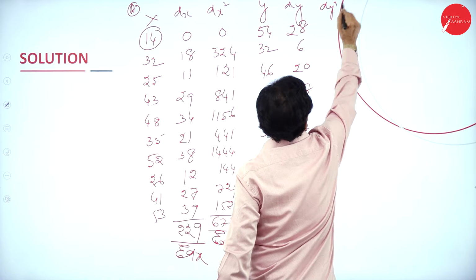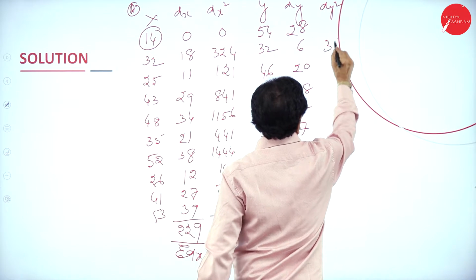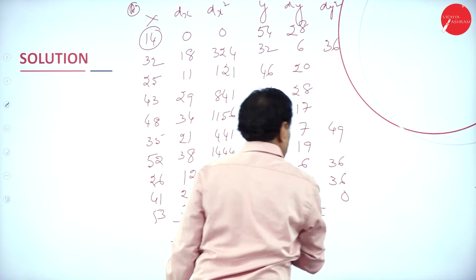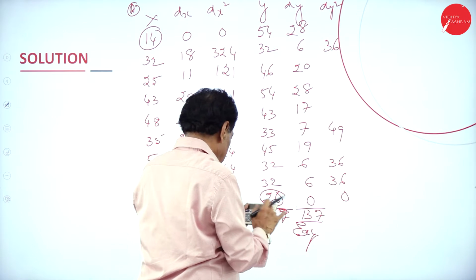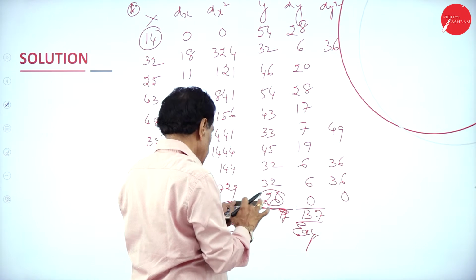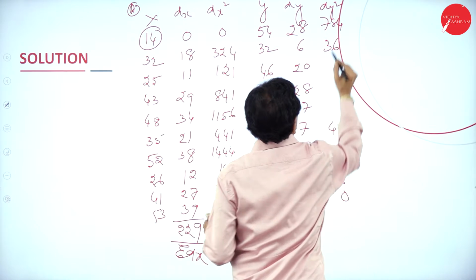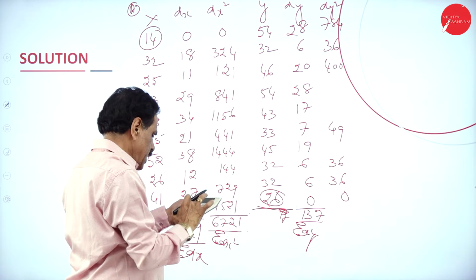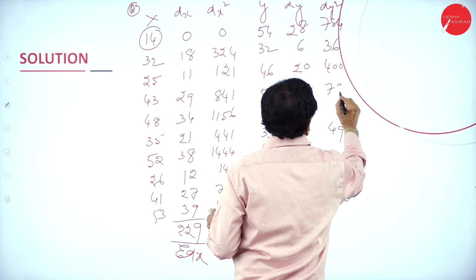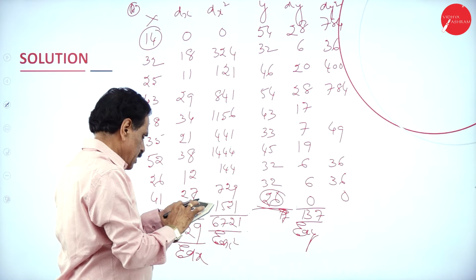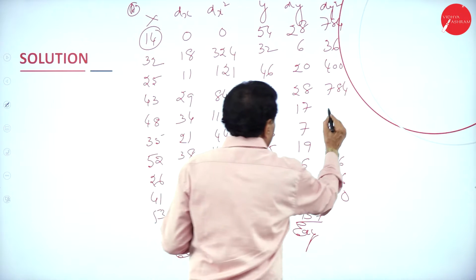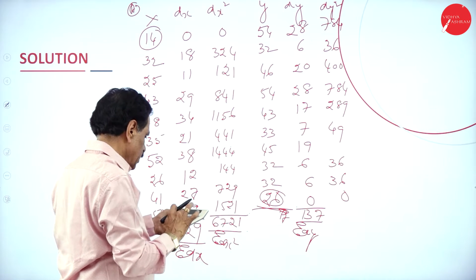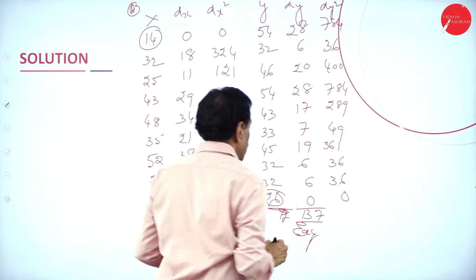dy square: 6 is 36, 49, 36, 36, 0. Then 28 into 28 is 784, 20 into 20 is 400, 28 into 28 is 784, 17 into 17 is 289, 19 into 19 is 361.